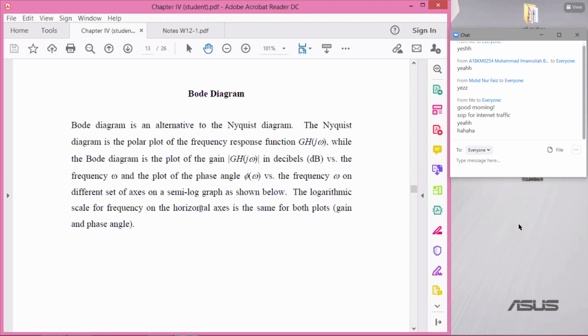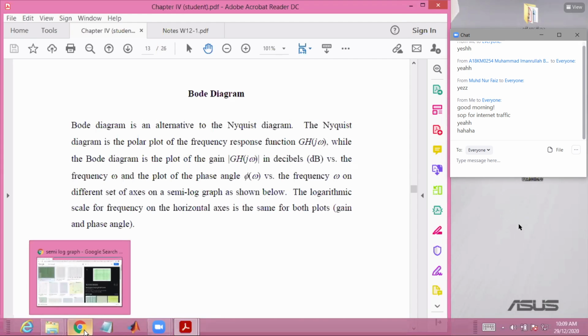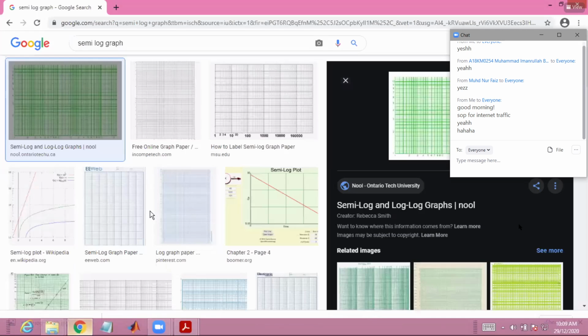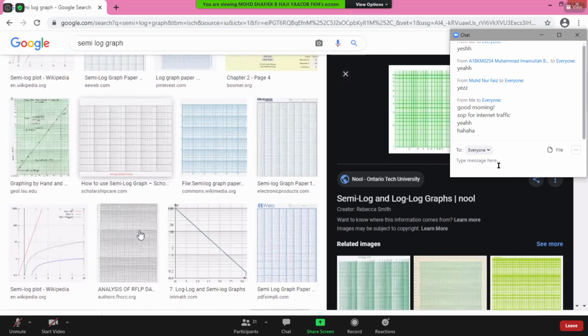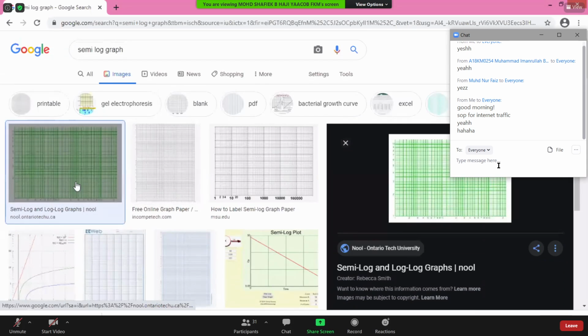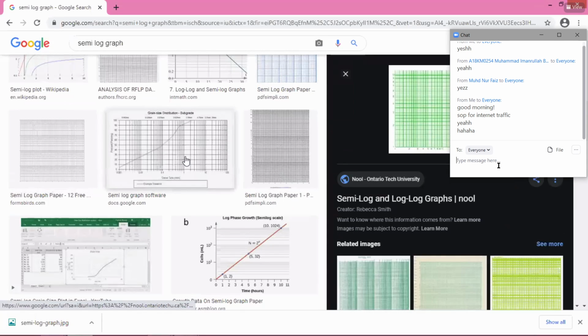I'm not sure whether you're familiar with semi-log graph paper or not, but you can go to the internet and see how the semi-log paper looks. See, this is how the semi-log graph paper looks. It is a log scale on the horizontal axis. Let me find a good one.